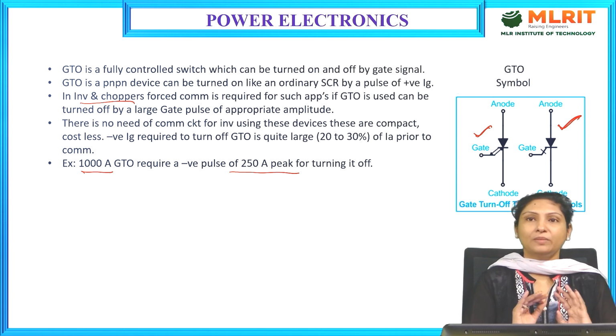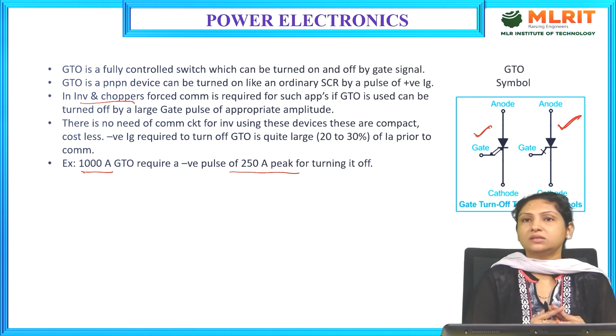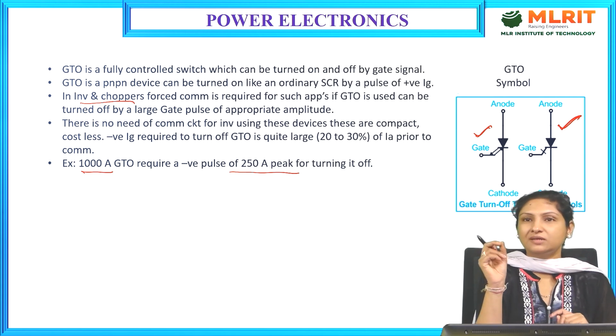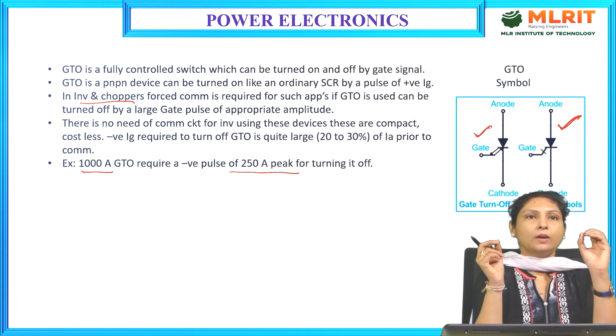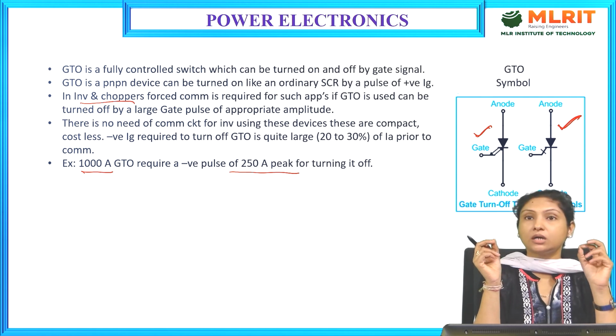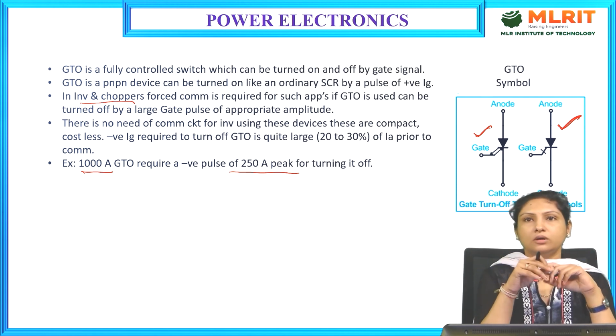Whereas if you make use of GTO for the same application, we can simply apply a negative gate pulse of certain magnitude, about 20 to 30% of forward anode voltage.